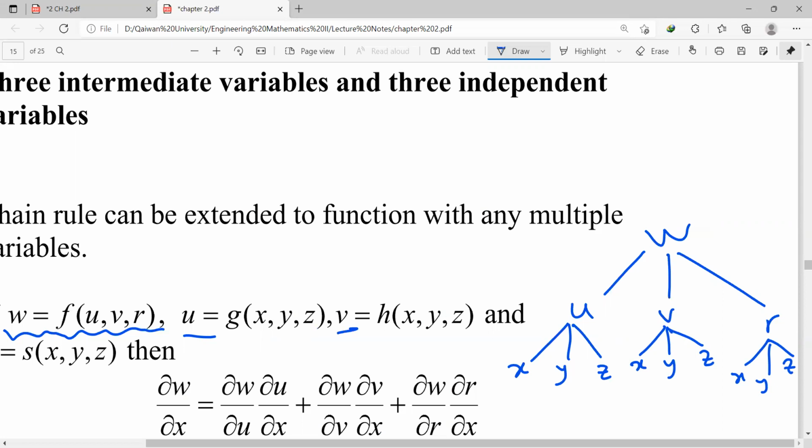Now, if you want to find partial w by partial x, how do we get that? Here we have x, here we have x, and here we have x.